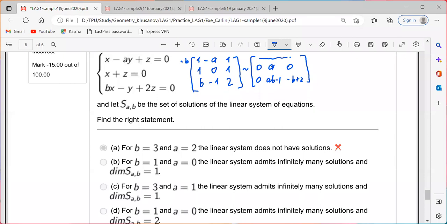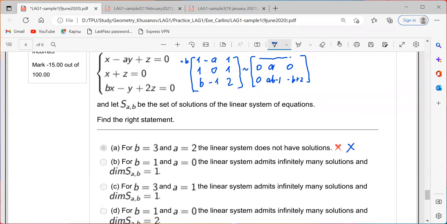It will be 6 minus 1, it will be 5. No, sorry. For any A, B, in any case, answer A will not be correct because it does not have a solution. This variant is not possible here, so it's not correct here always.